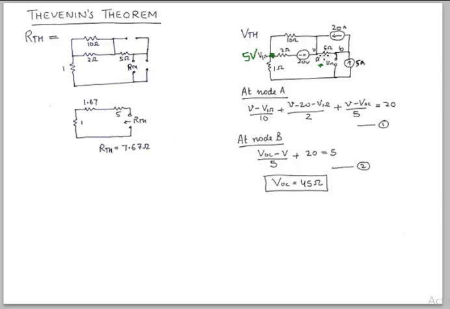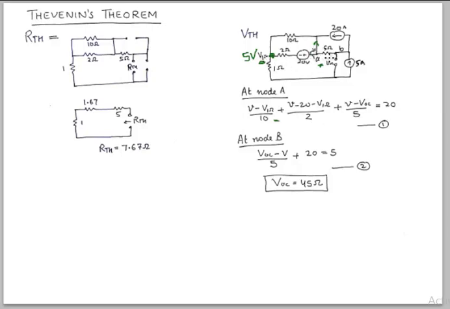So at node A, we can say that V minus this voltage upon 10, because let me assume this current to be going outside, and then we have V minus 20 minus the voltage at 1 ohm resistor upon 2.